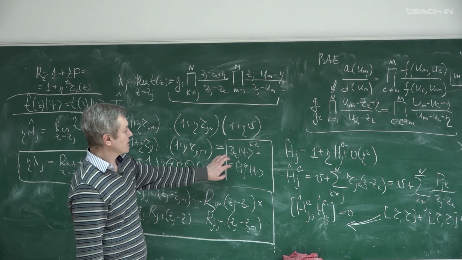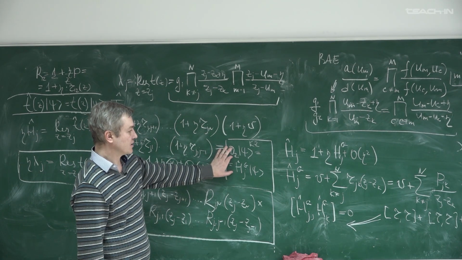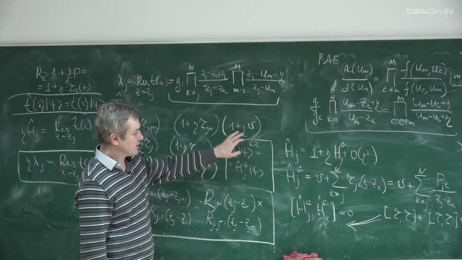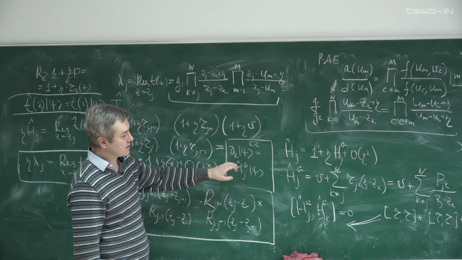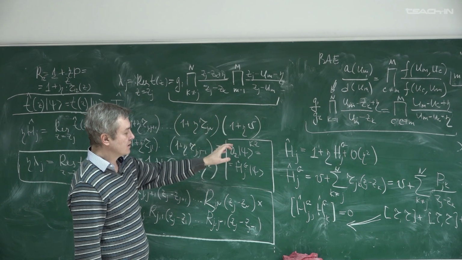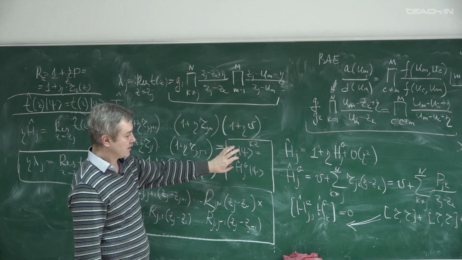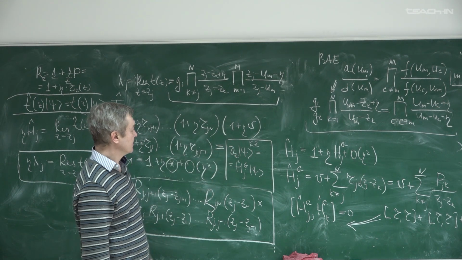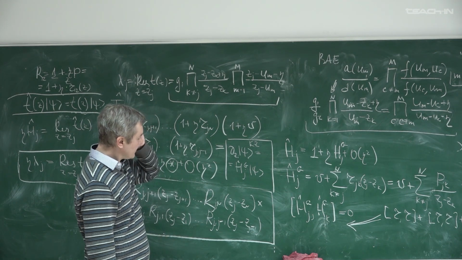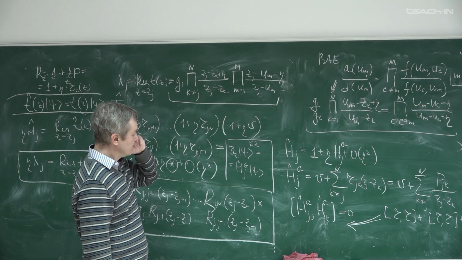And this is a kind of non-stationary Schrödinger equation. So the Knizhnik-Zamolodchikov equations can be viewed as some kind of non-stationary version of the Gaudin model. And I think we stop for today.